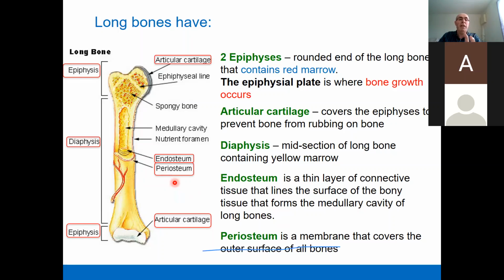It contains red marrow, which includes the stem cells that produce cells for us, and it is also the location where bone growth occurs.